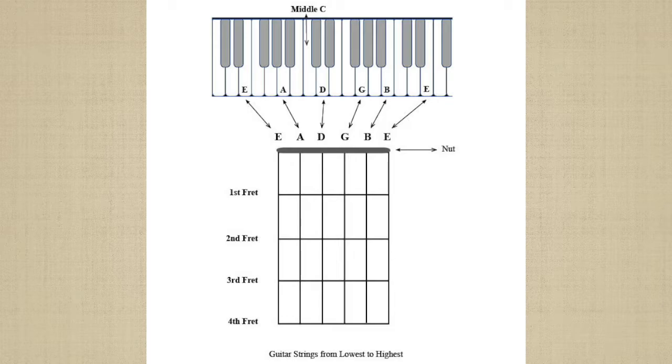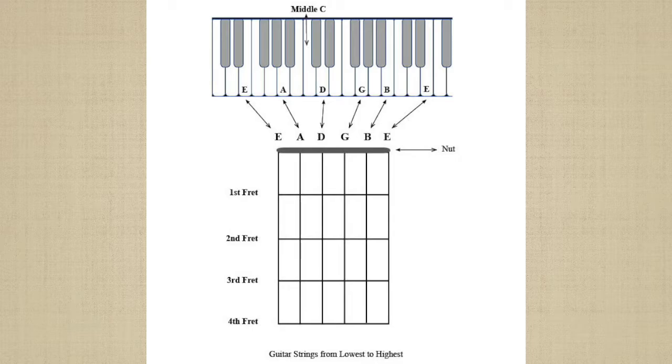The lowest string is E. And here I'm trying to show you with the arrows how each of these strings relates to where on the keyboard compared to where middle C is. Now we've learned where middle C is and how to recognize the keys, and if you don't remember, go back and review this, it's important stuff to get a good grasp on. But the lowest string would be the E that is below middle C.